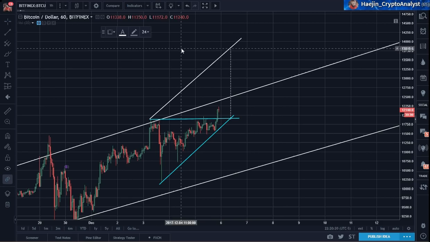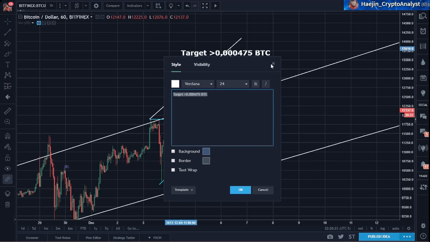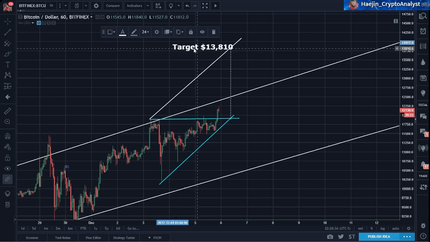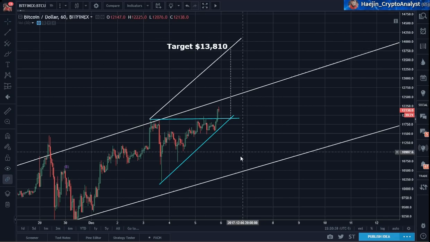That is the minimum price travel that this revised, bullish ascending right triangle will provide.